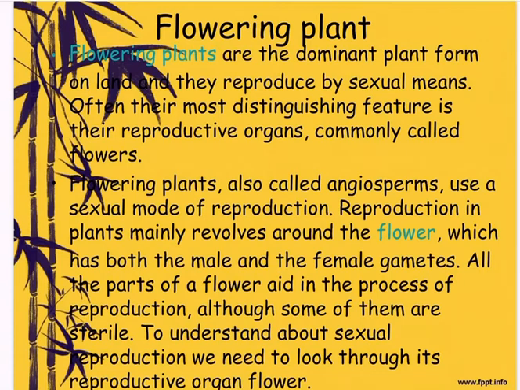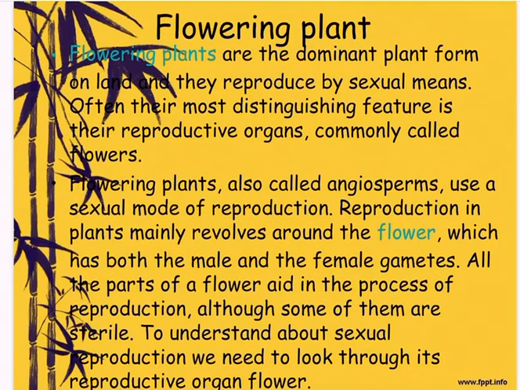And as you know, we say angiosperms are flowering plants. So flowering plants are the dominant plant form on land and they reproduce by sexual means. Often their most distinguishing feature is their reproductive organs, commonly called flowers.